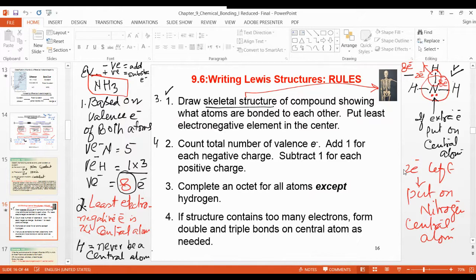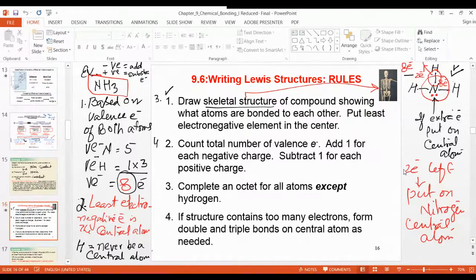If any molecule is given in the question, draw the Lewis structure. You should know the valence electrons of each atom, add them up, and take the total number of valence electrons, and that total number of electrons you have to distribute into the whole molecule.